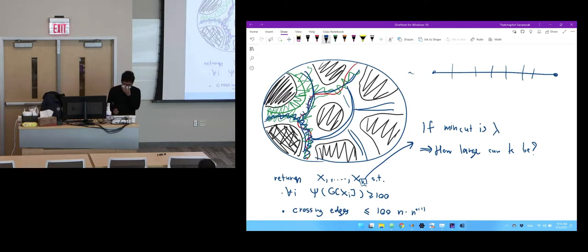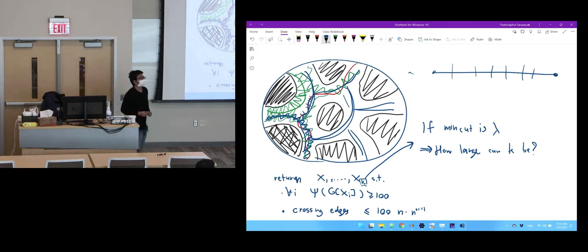The intuition I was going to say is here: the larger lambda is, the more connected the graph is. So it should be a bunch of large clusters that look like expanders.